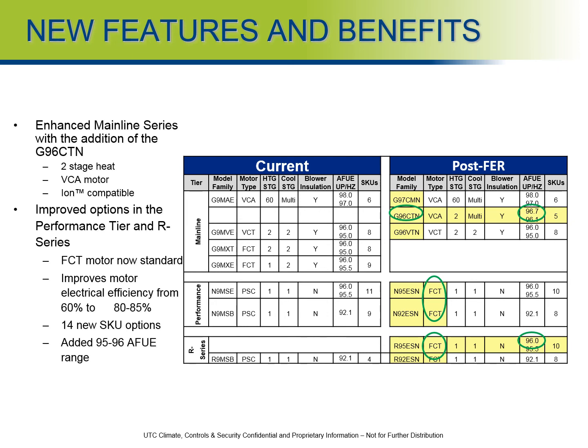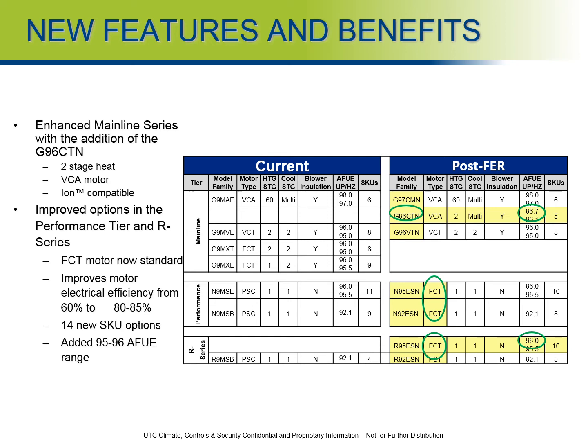So there have been enhancements to the mainline series as well as the entry-level series. As you can see on the middle chart on the right-hand side, your standard ECM or fixed constant torque motor is now the base product of the furnaces.